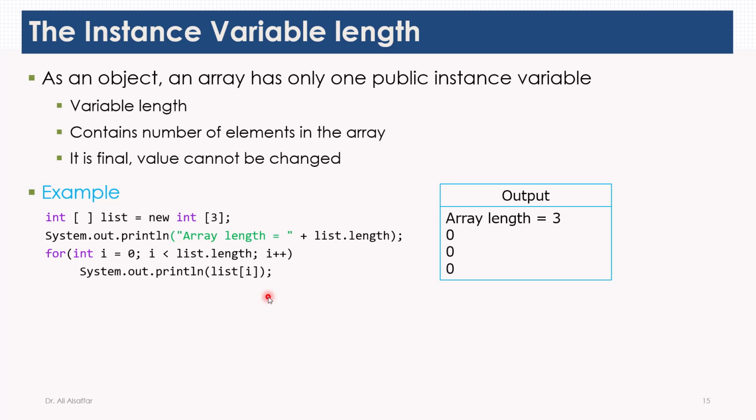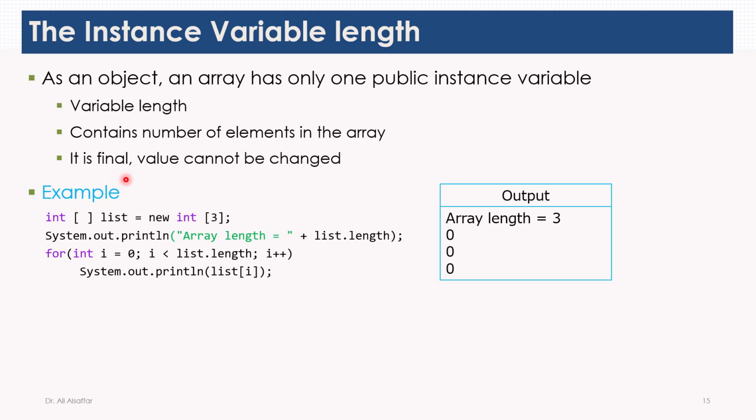However, if your array is partially used for your data and the size of the data used in the array is controlled by a count variable, then it is not correct to use the instance variable length to process your array, because length does not represent the size of the data, it represents the size of the whole array. Notice that the data size is smaller than the array size. Therefore, when you want to process the array, you use the variable count in your for loop.